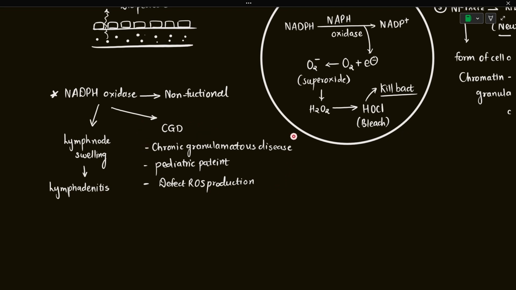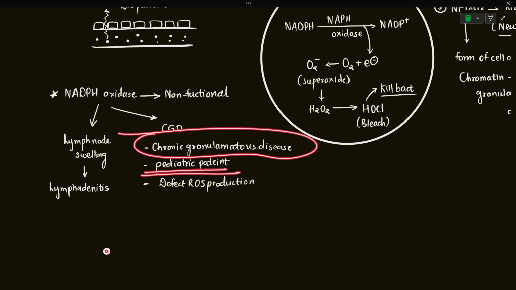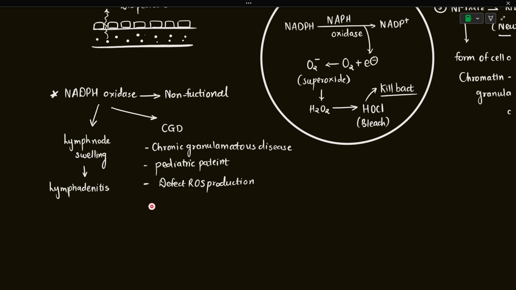So the consequences of non-functionality of NADPH oxidase are swelling or inflammation of lymph nodes, or chronic granulomatous disease. This is usually seen in children. So these are the things which can go wrong.